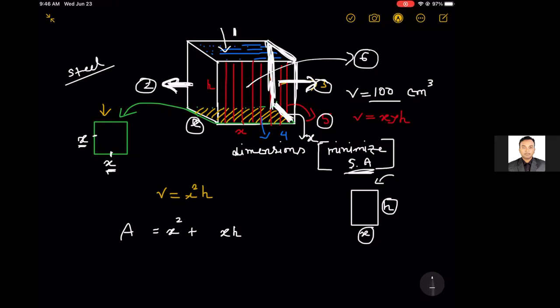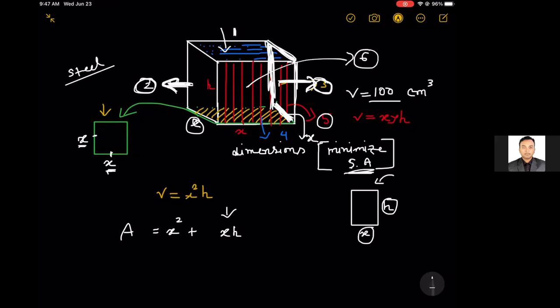So do you agree when I say that for both the second and the third surface, our surface area would be x times h? Do you agree with that? Take your time, okay?